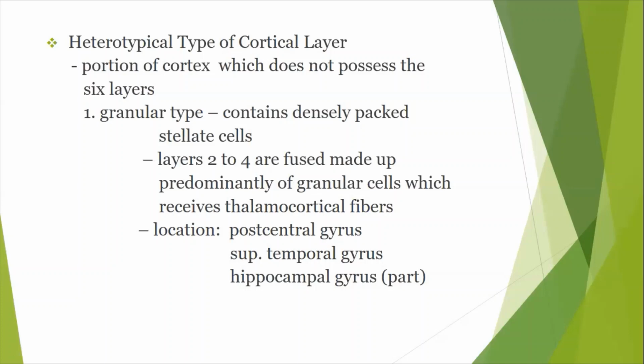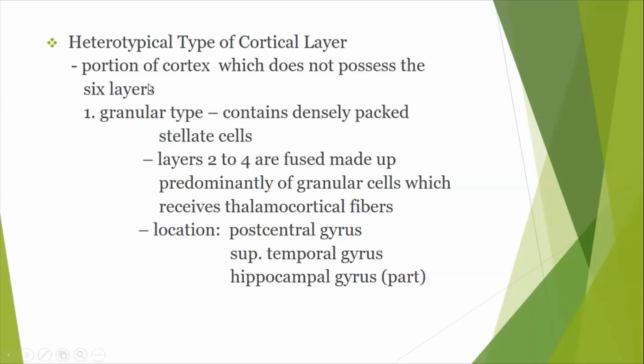There will be some cortical areas which will not possess the 6 layers. So they are called heterotypical cortical layers. The reason they do not possess the 6 layers is that there is fusion of layers.